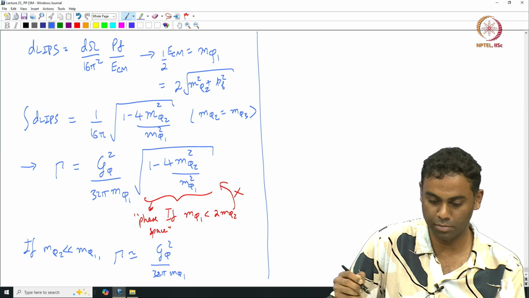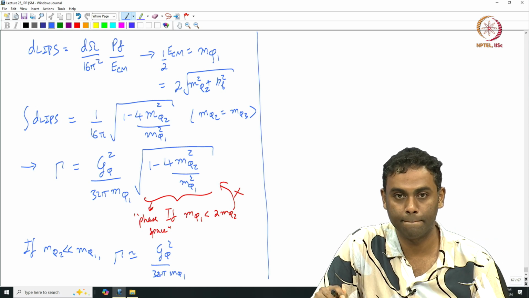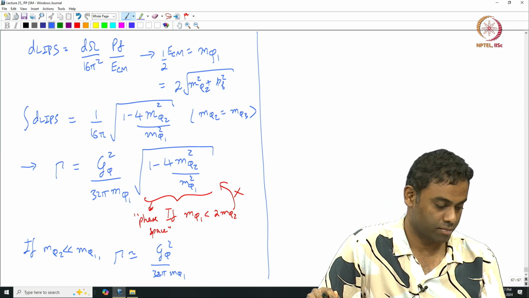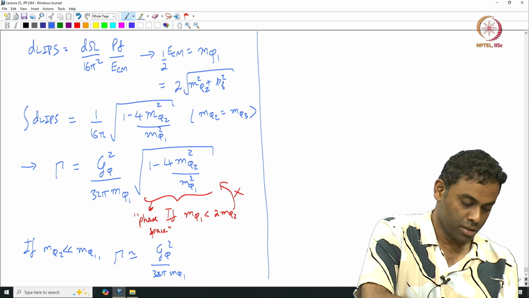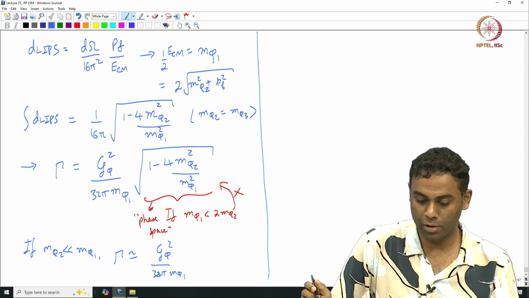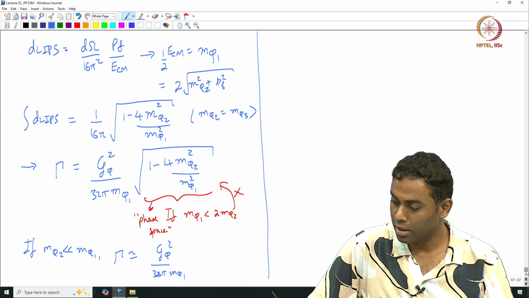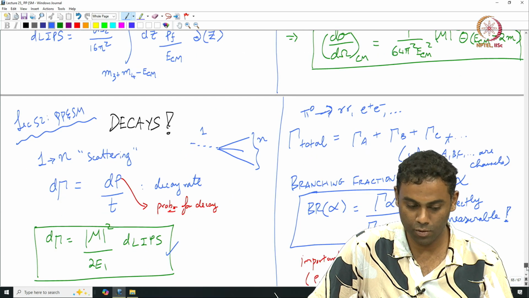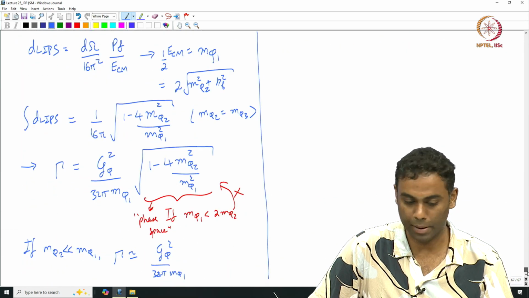The phase space is maximal now, it is just 1, right. Okay. So, this is just what I wanted to highlight about decay rates with one simple example, okay.